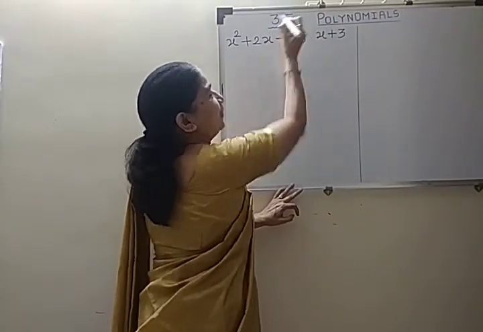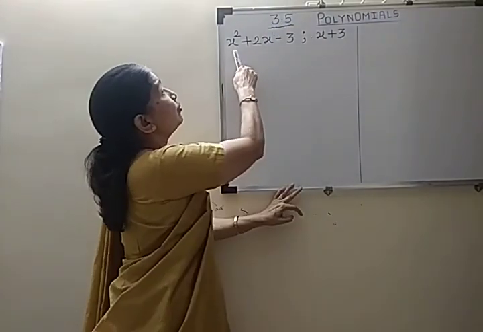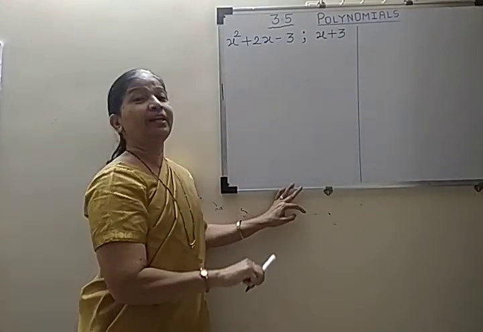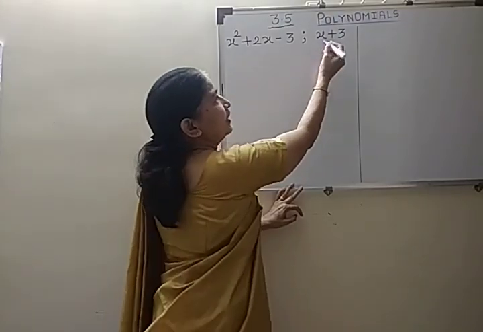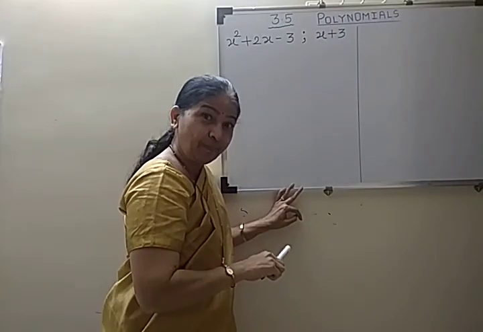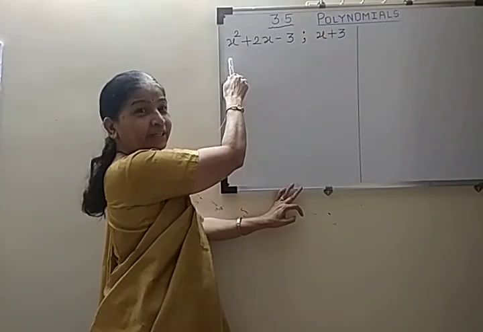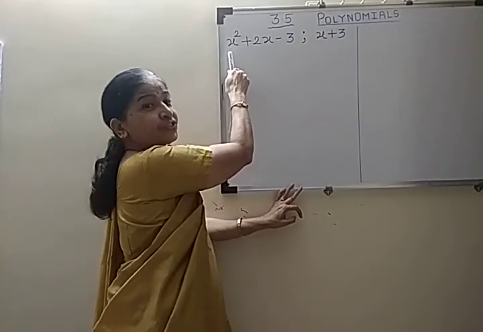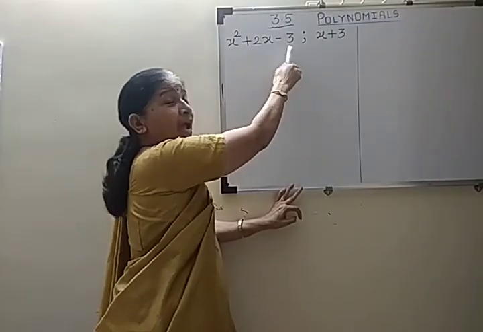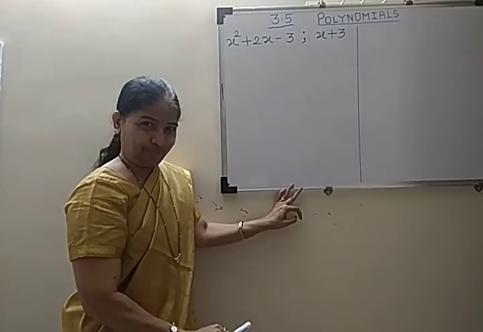In 3.5, we have to decide by factor theorem whether this x plus 3 is a factor of x square plus 2x minus 3 or not.